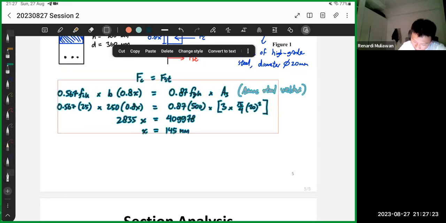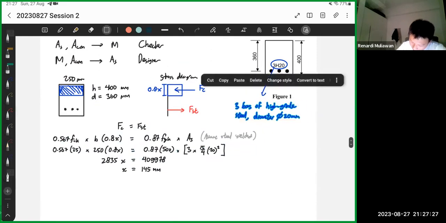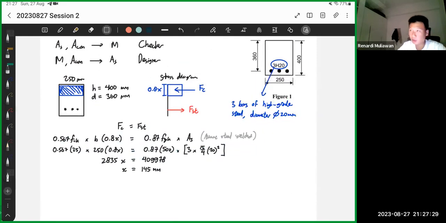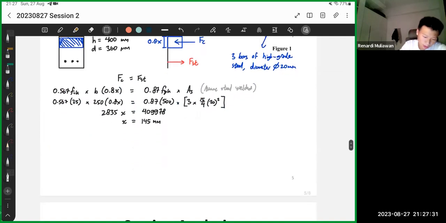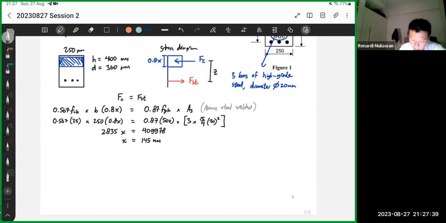To find the moment capacity, again, we use the couple moment property since this is pure bending. We have two forces only. We just need to find the moment arm, Z. If you notice, this whole thing is D. Then this small thing is basically half of 0.8x, so 0.4x.